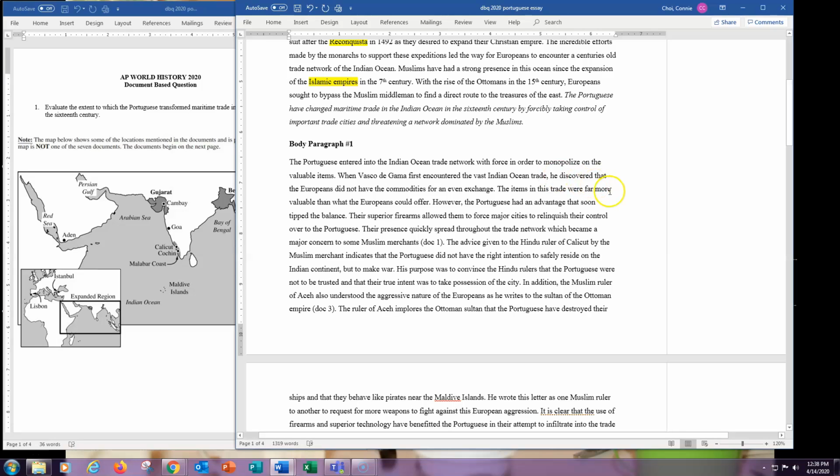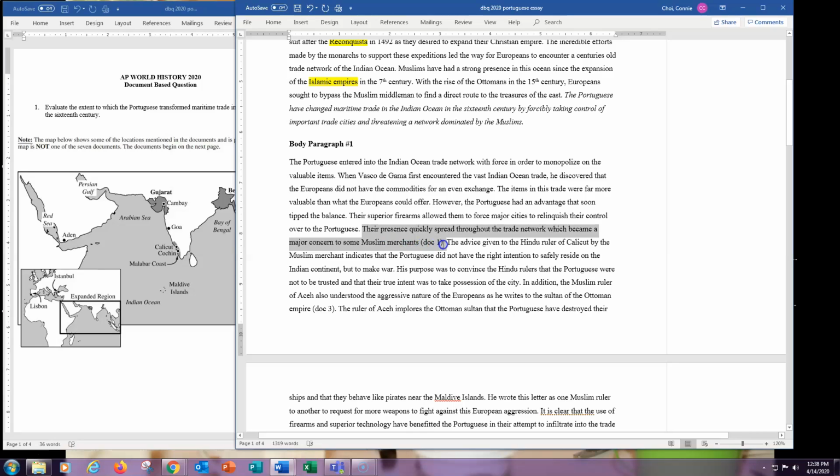The items in this trade were far more valuable than what the Europeans could offer. However, the Portuguese had an advantage that soon tipped the balance. Their superior firearms allowed them to force major cities to relinquish their control over to the Portuguese. Their presence quickly spread through the trade network, which became a major concern to some Muslim merchants.